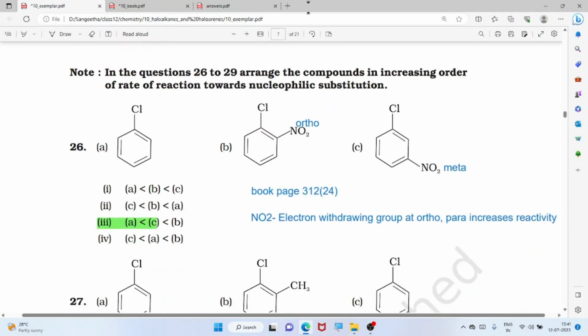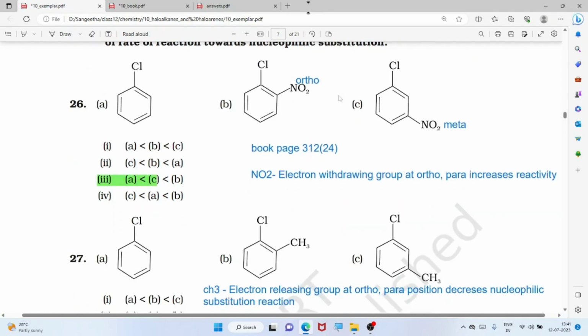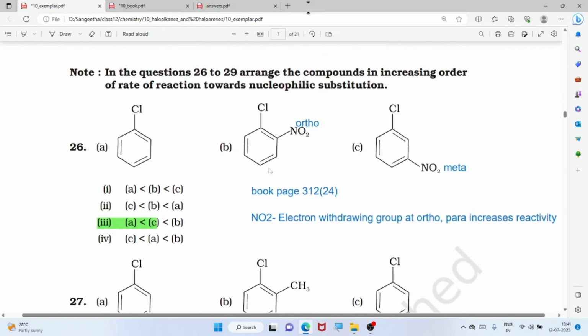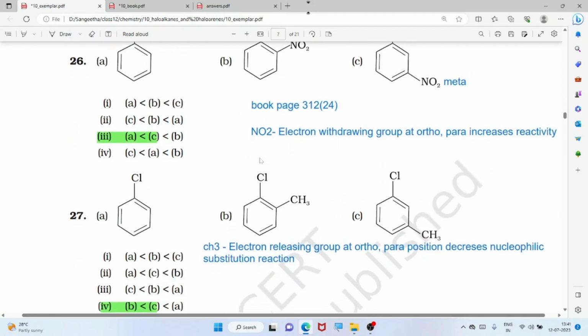In question 26, arrange the following in order of the rate of the reaction towards nucleophilic substitution. This is ortho NO2. Electron withdrawing groups at the ortho and para positions increase the reactivity.